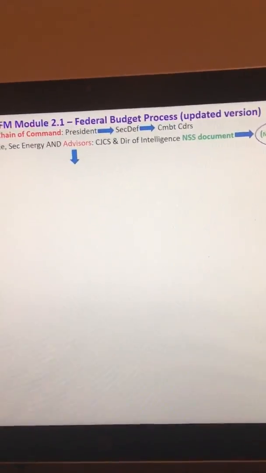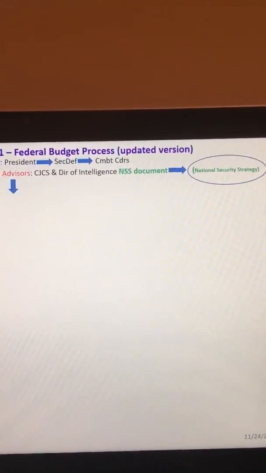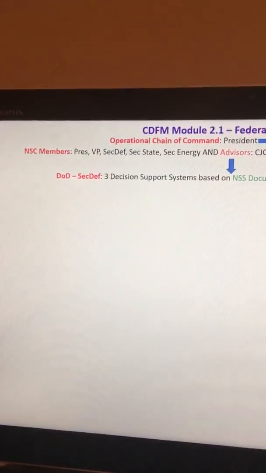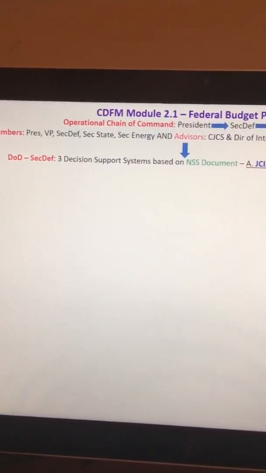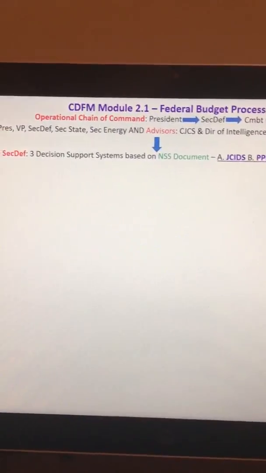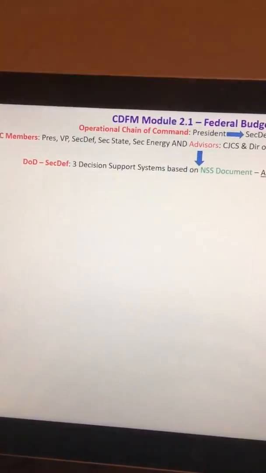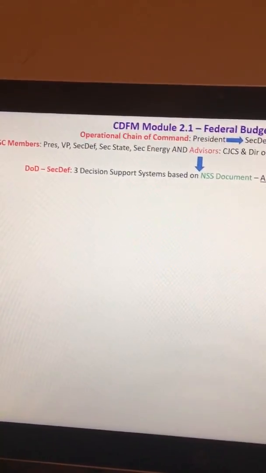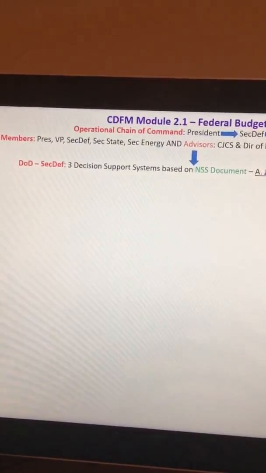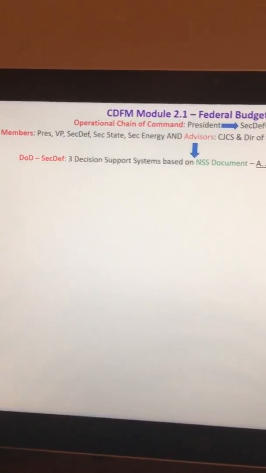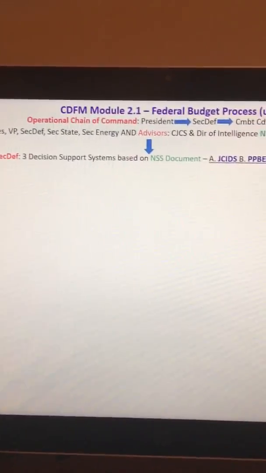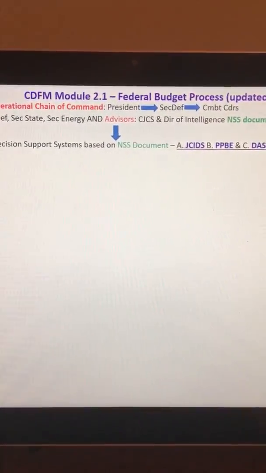So when you get this National Security Strategy op order at the DoD level, then the Department of Defense utilizes 3 decision support systems based on the National Security Strategy document. So DoD takes the big op order and now has to develop that national defense strategy. And they use 3 systems to do that.